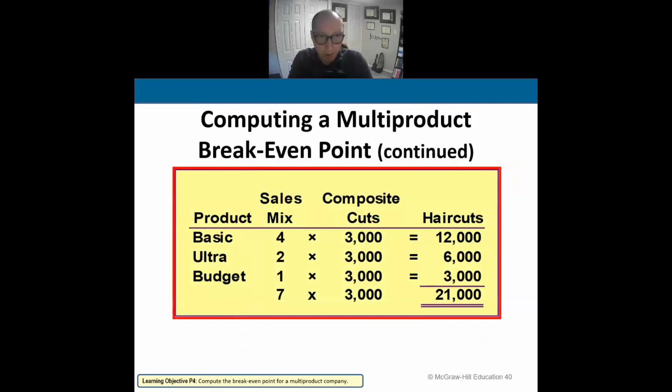And here's a look at this again. Sales mix times number of composite haircuts gives me the number of haircuts of each type. Add all those up to get the total number of haircuts.